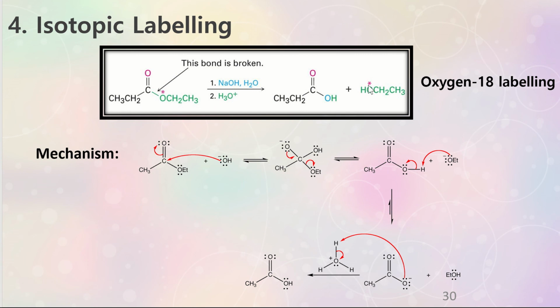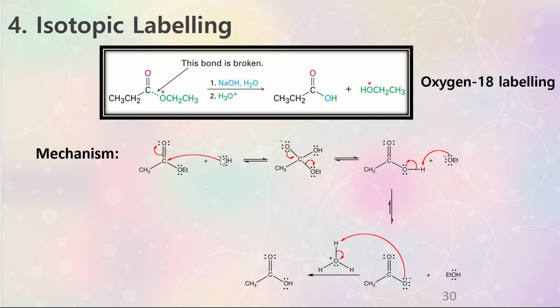So clearly oxygen 18 is on the alcohol, right? So that suggests to us that this is the bond that is broken. And if it's not clear right now, hopefully it will get clearer as we go along, right?